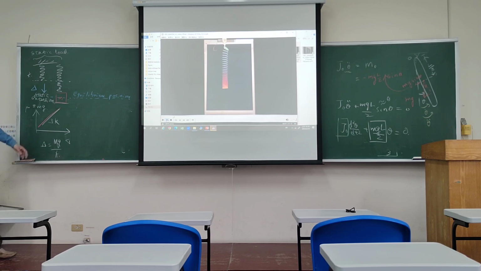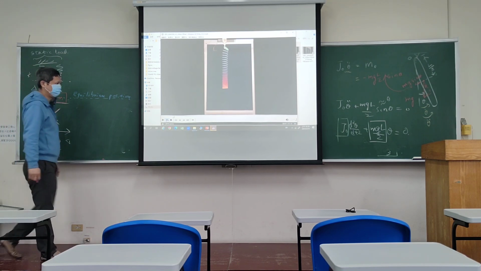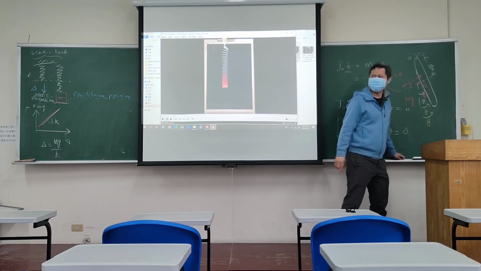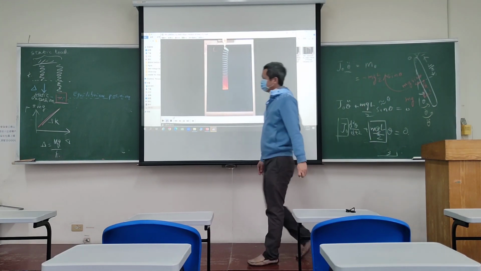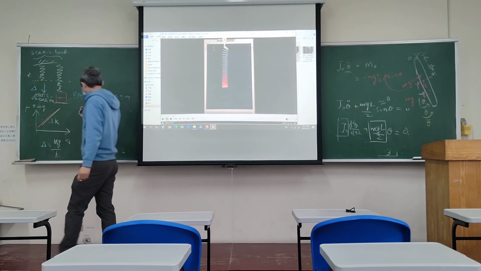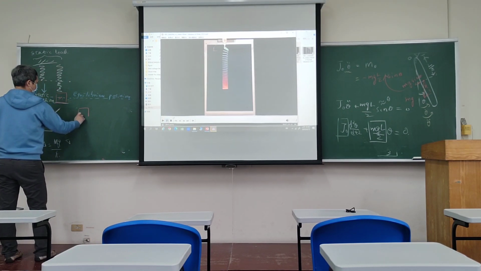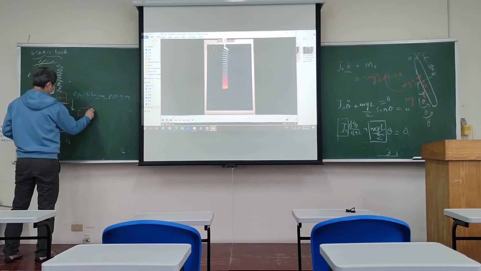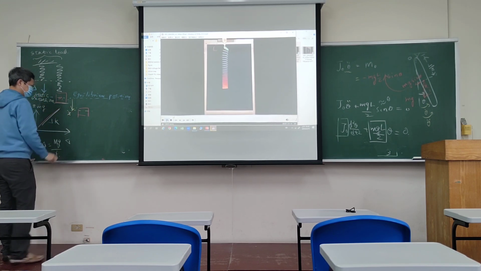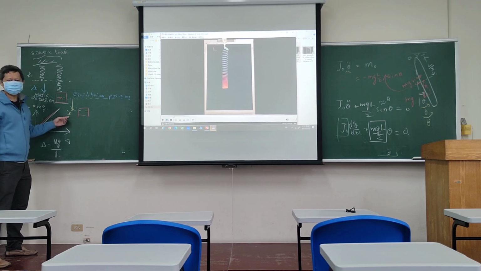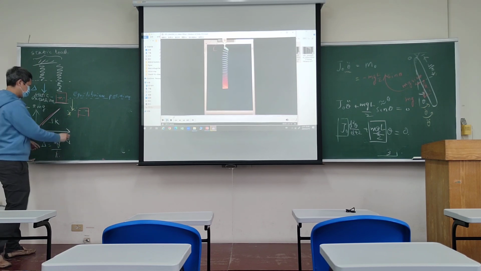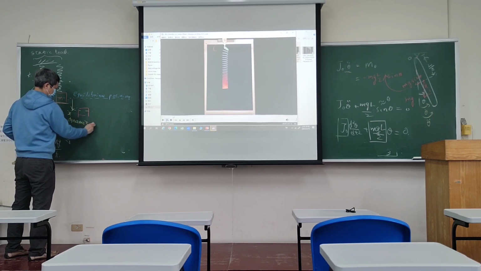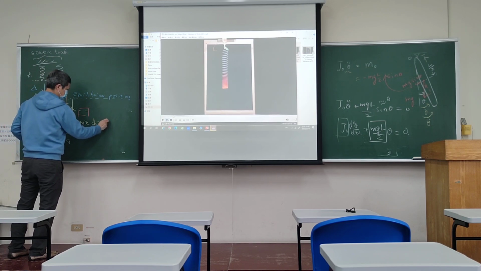And then next, you use your hand to pull it down, down from the equilibrium position to a starting position. And this x is what we call a dynamic displacement.